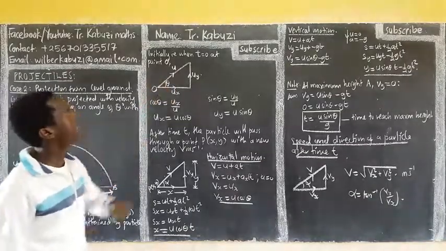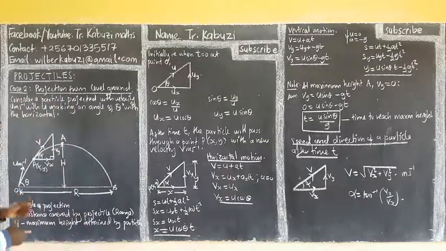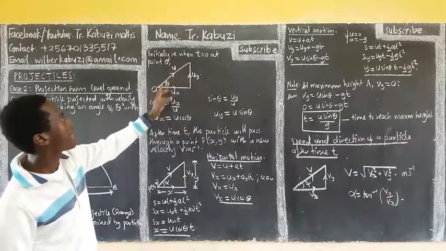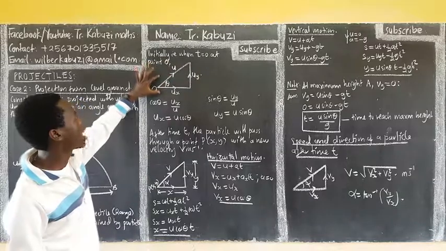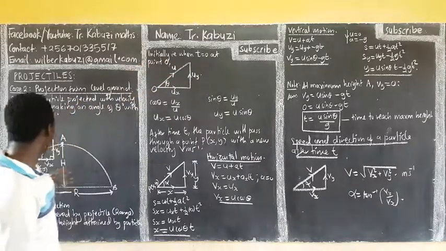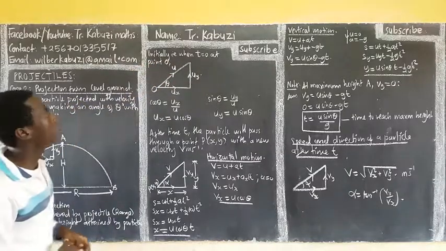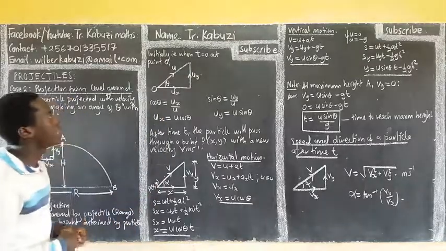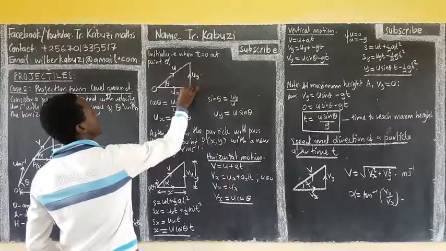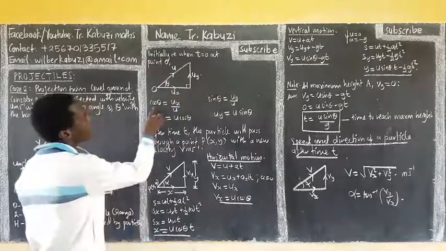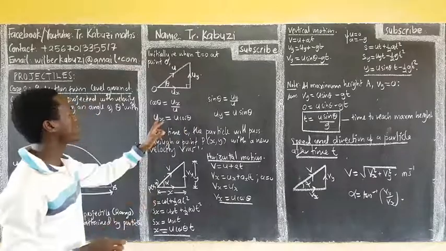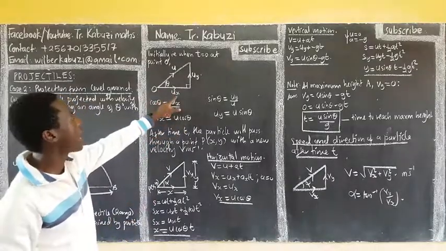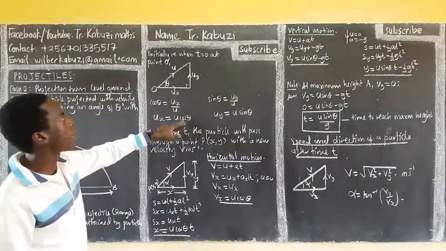So initially, at this point O, we only have this velocity u. When I resolve this velocity into the x component and then the y component, using the trig ratios, I have cos theta is equal to adjacent over hypotenuse; cross multiplying, I get ux, which is the horizontal component there.